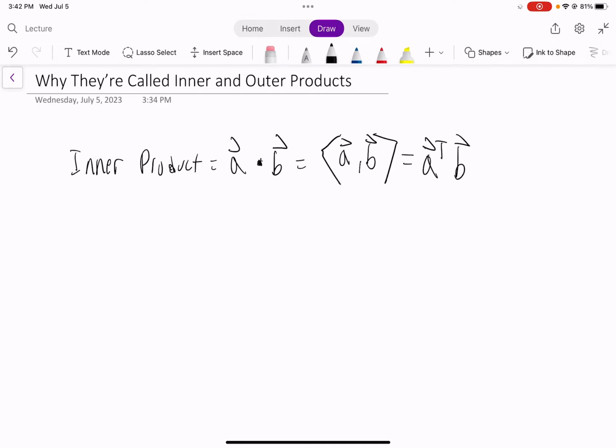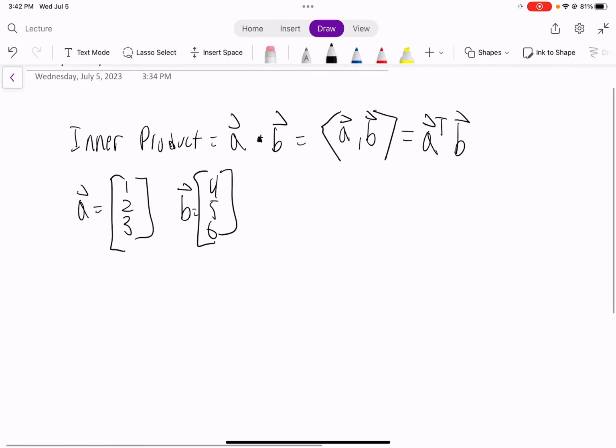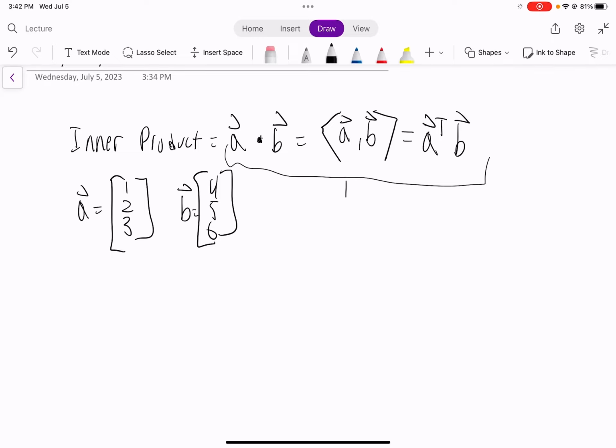And what does it say? So let's say our vector A looks like 1, 2, 3. Those are the elements, 3 elements in our vector, and vector B is 4, 5, 6. Okay. What do these three notations mean?